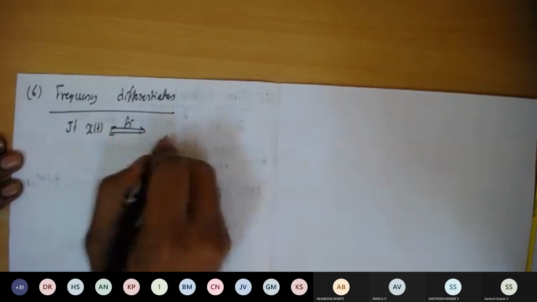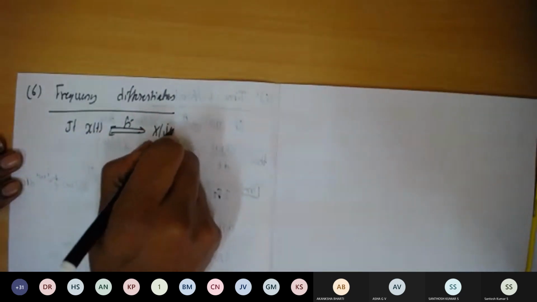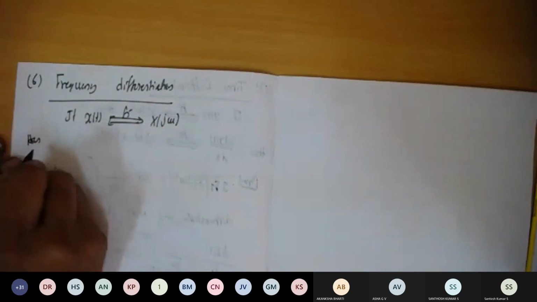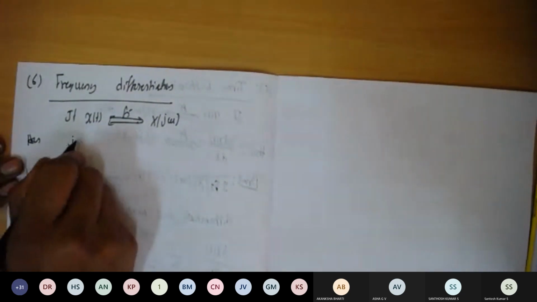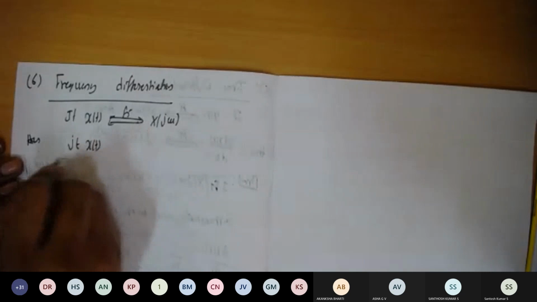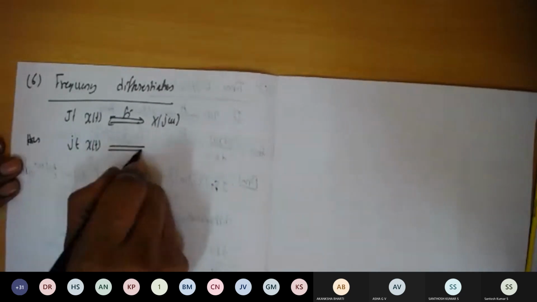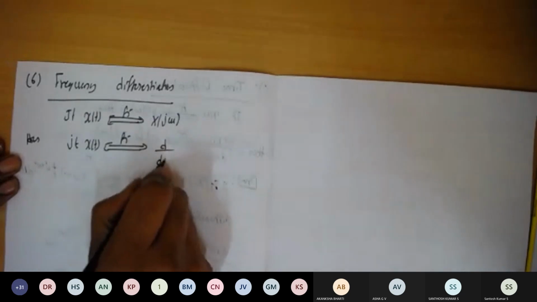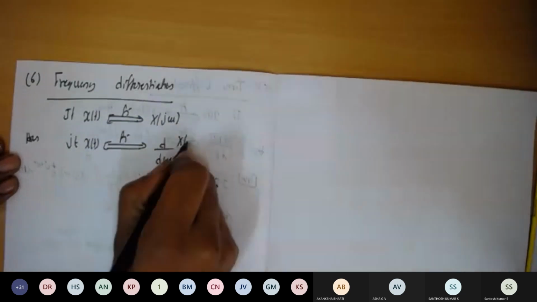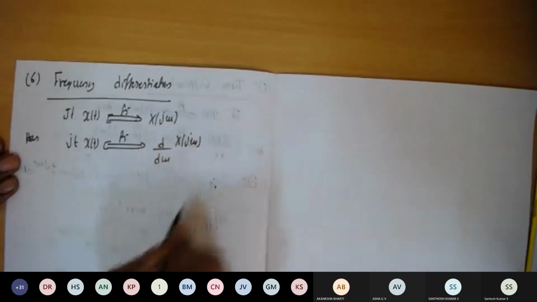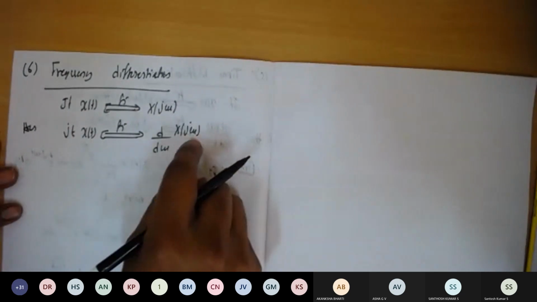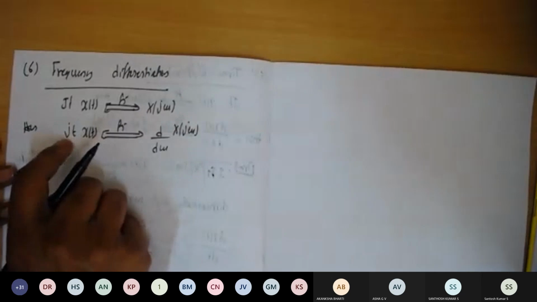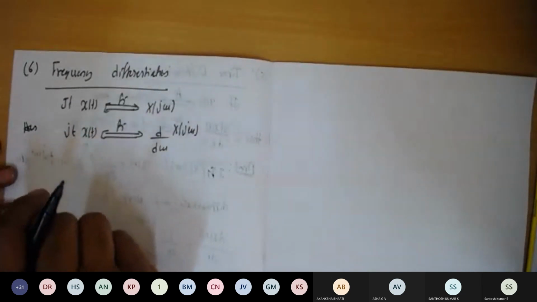Take the statement: if the Fourier transform of x of t is equal to x of j omega, then in the time domain you multiply x of t by j into t, and the corresponding Fourier transform becomes d divided by d omega of x of j omega. If you differentiate the frequency domain content, that is equivalent to multiplying the time domain content with j into t.